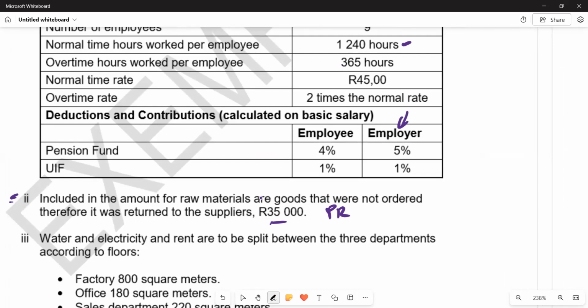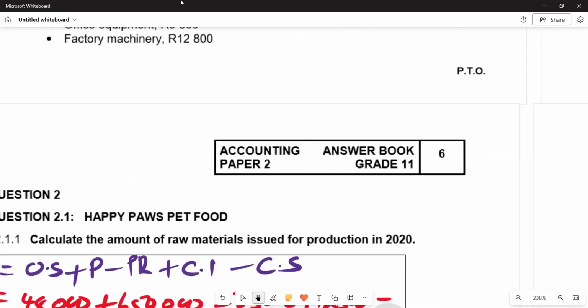So we're going to say 5% of the basic salary, of which the basic salary represents the normal time that we've just calculated. So we're going to say 5% of that amount, 502,200, and we get the pension fund. Then for the UIF, we're going to say 1% of the figure that we got, 502,200 again, and then we get the amount for UIF. Then we add the two to get the total contribution now for the employer. So we go to the other section and just calculate it as such.